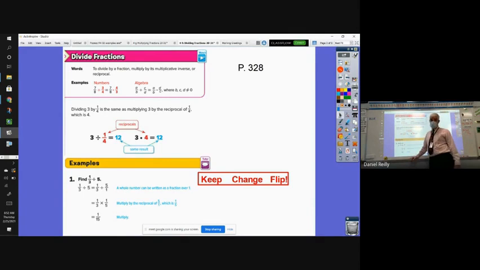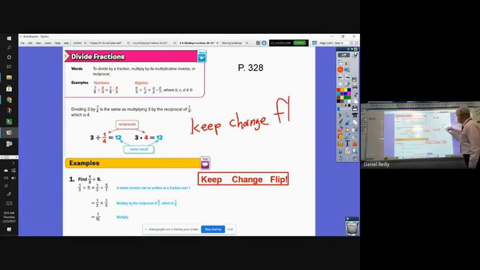Kind of like subtraction, where we did same, change, change. In division, we do keep, change, flip. Keep, change, flip. Flipping a fraction means take the numerator and make it the denominator, take the denominator and make it the numerator.